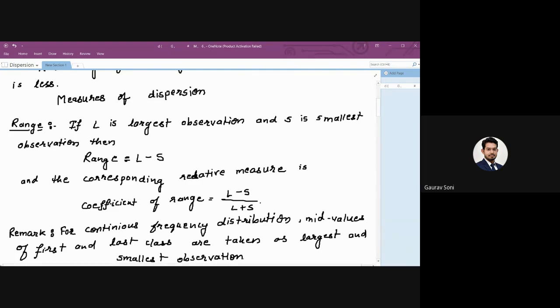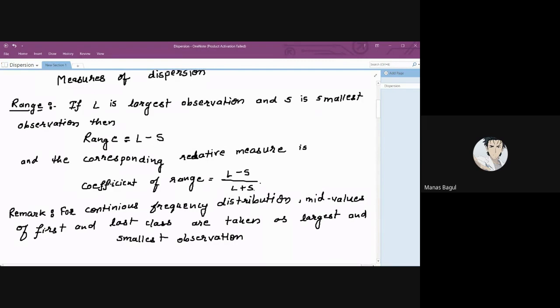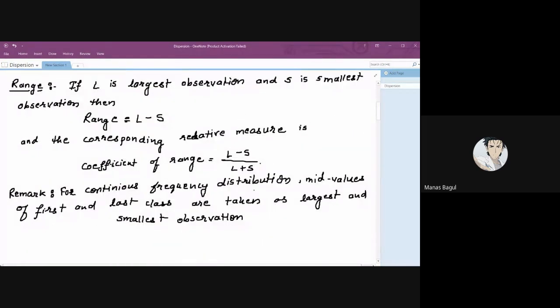So this is the first measure of dispersion. Is there any benefit of this, or is there any problem in this? How good is this measure of dispersion, do you think? Is it good? No. Why? Because it just gives us the first and the last limit, but not all the values, so it does not depend on all the values.